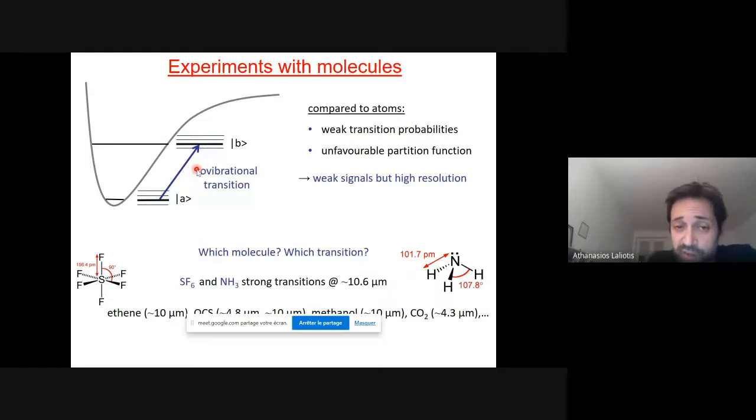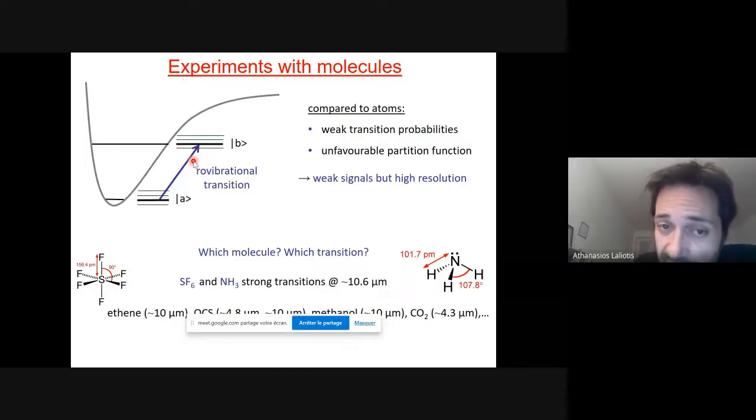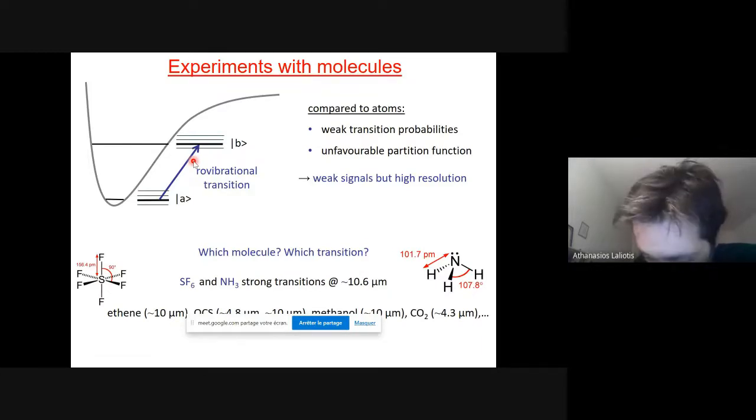Essentially, this is a signal problem: you have much less signal with molecules. But the advantage is that you have very high resolution, because molecules have a very, very narrow natural line width, a very long lifetime.